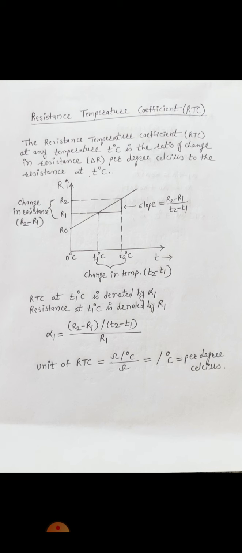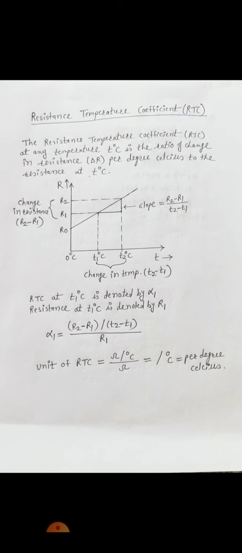So RTC at T1 degree Celsius is alpha 1, and the resistance at T1 degree Celsius, we know, is R1. So RTC is a ratio of change in resistance. If we assume the temperature changes from T1 to T2 degree Celsius, the resistance changes from R1 to R2.